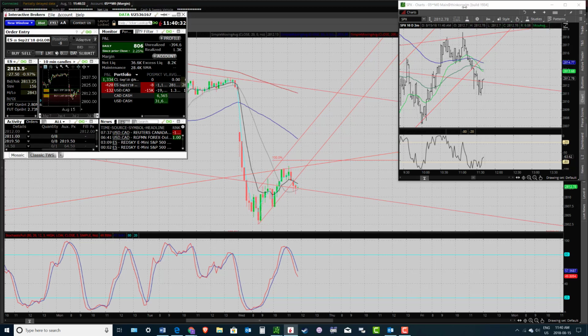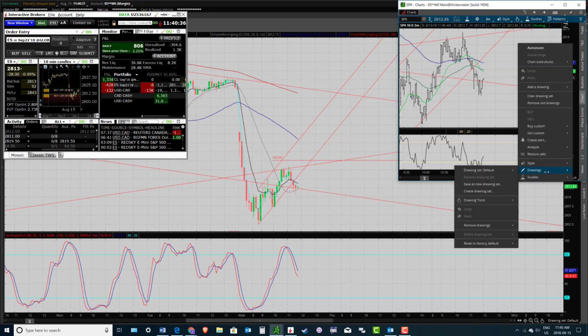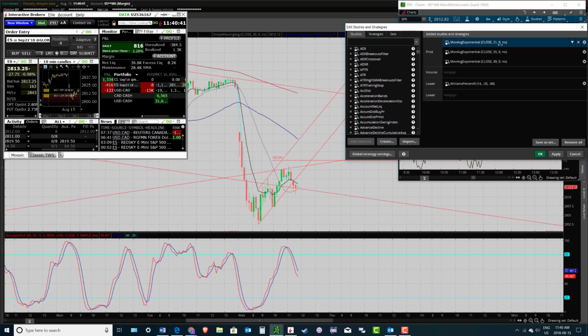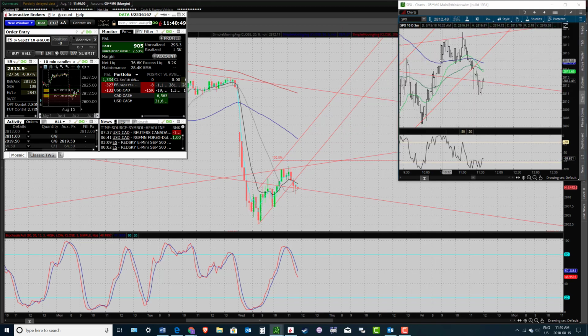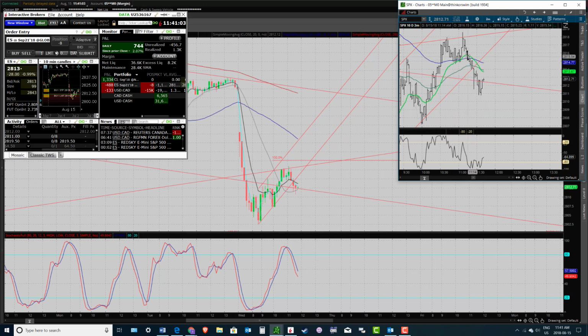So if you just look here on this 2-minute price chart, the moving averages, I have a 21 period exponential moving average, a 55 period exponential moving average, and an 89 period exponential moving average, okay? And so the shortest period moving average is the one that's moving more quickly here, the 21 period. The 55 is this darker green one, and the 89 is this blue one.